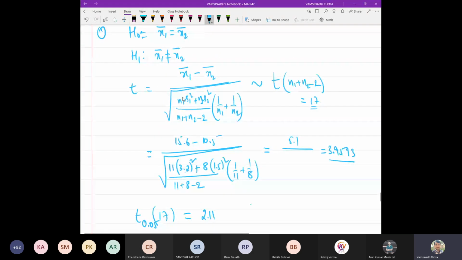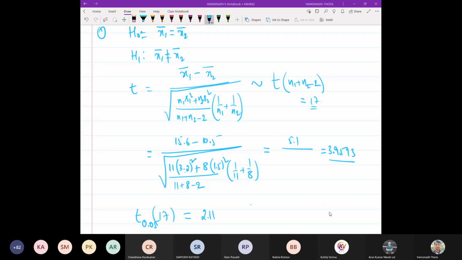Generally, we have approximated this with the sample. This is the estimate of the population variance, so for the estimate of the population variance, we have used the sample variances. Now, Ram Prasad, what is your doubt?